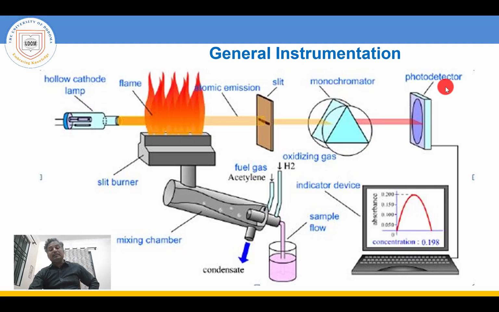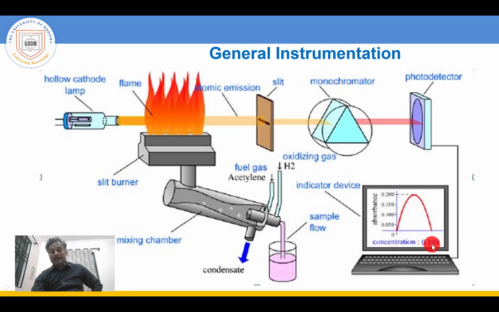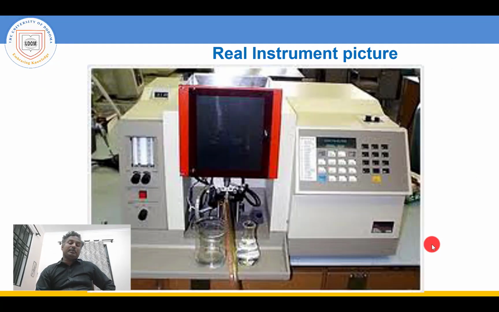That electrical signal will be converted into the final output, which you can see in the monitor. And by drawing a calibration graph, you will be able to determine the concentration. You can see here in the monitor, concentration is equal to 0.198 for a given element. Okay, so this is a real instrument picture.